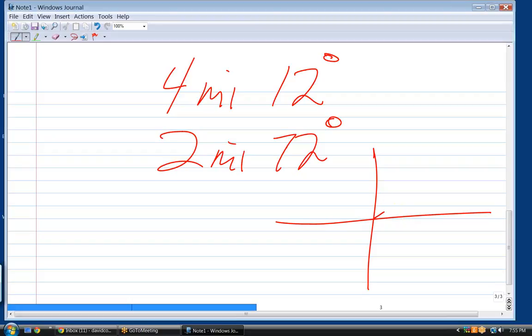Okay, so the first polar thing, that's 4, that's 12 degrees. The next polar thing is, in other words, we're looking at vectors. And that entire angle is 72 degrees. Well, this plane ends up there. This plane ends up there, so we need to solve for that side of that triangle.